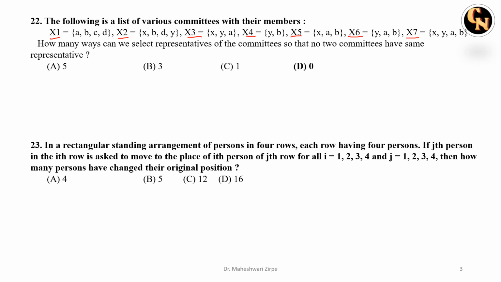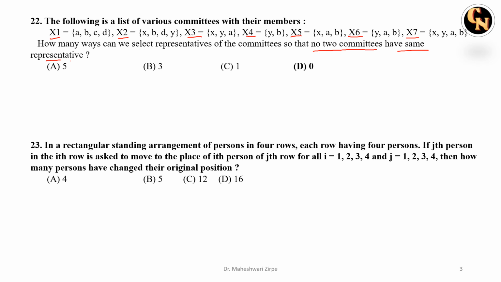So how many ways can we select representatives of the committees so that no 2 committees have the same representatives? What they are asking is, we have to select the representative members in such a way that no two committees have the same members.